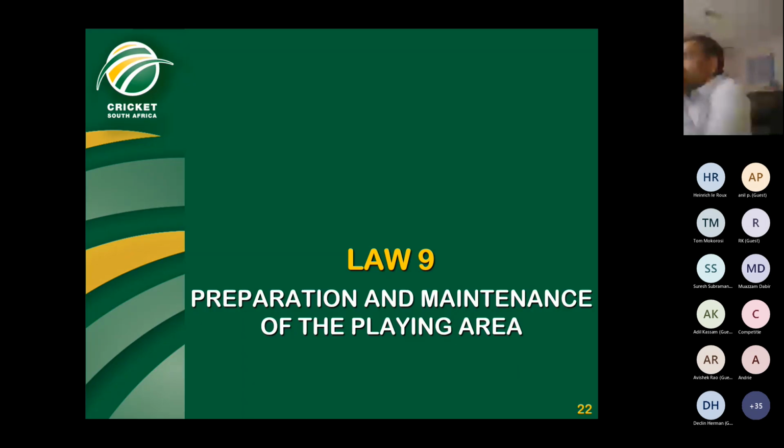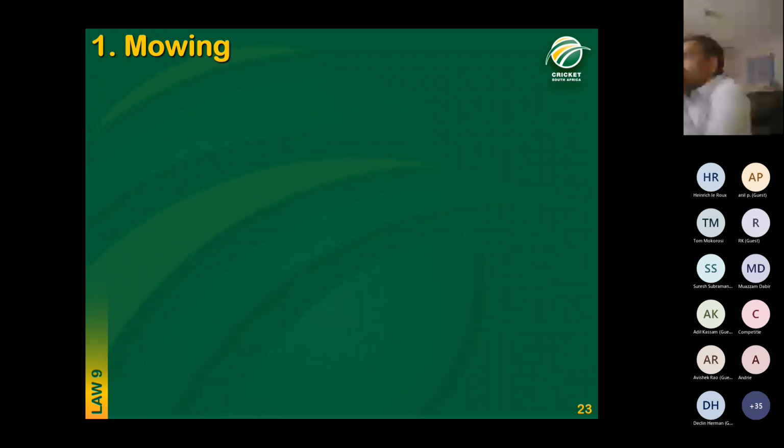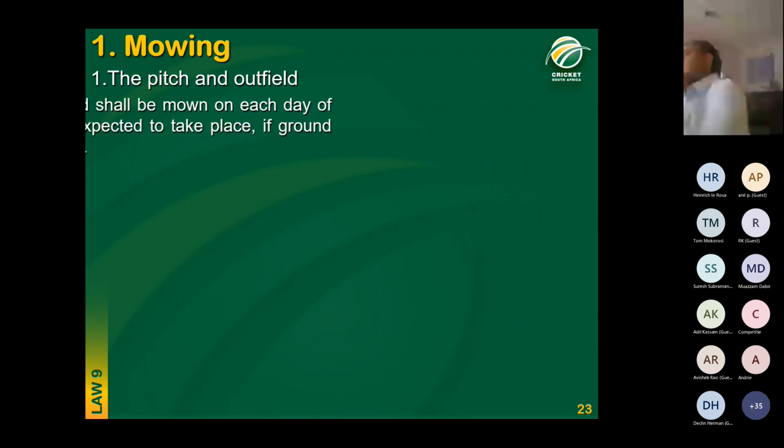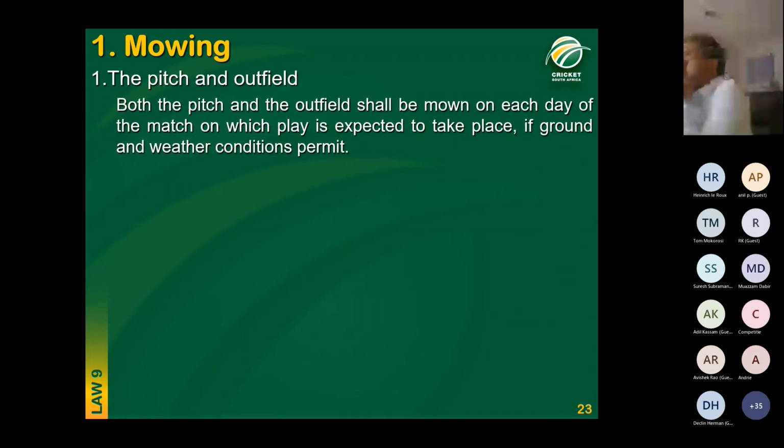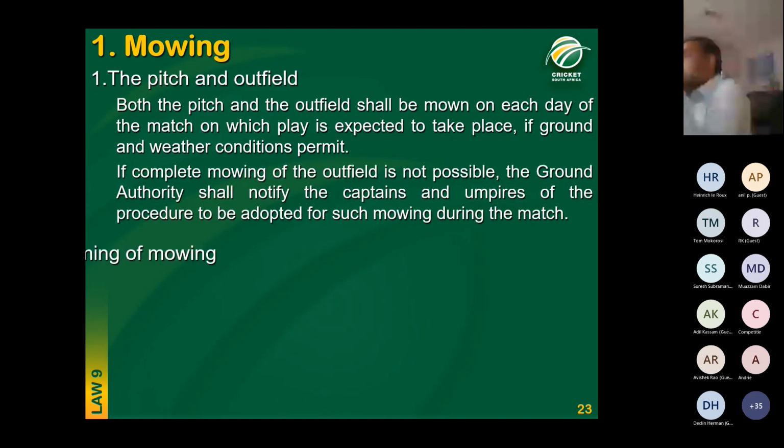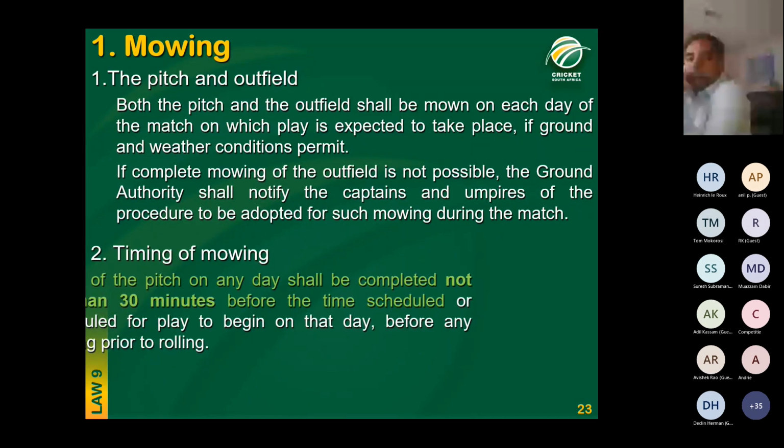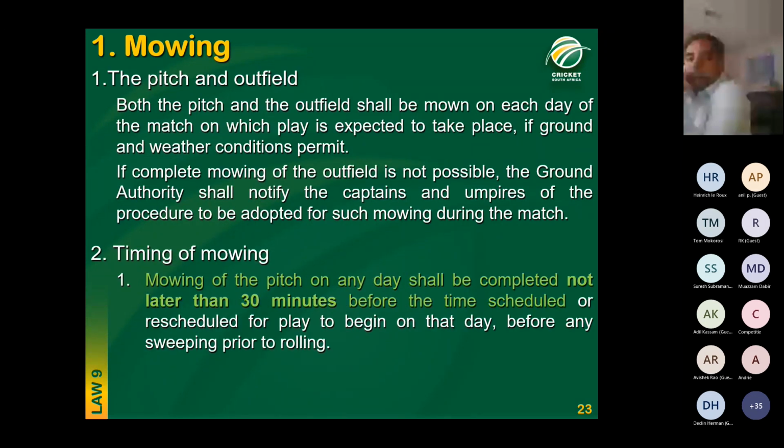When it comes to preparation and maintenance of the playing area, mowing: the Laws tell us that the pitch and outfield in a match shall be mown on each day of the match on which play is expected to take place. In terms of timing, mowing of the pitch needs to be completed not later than 30 minutes before play is about to start.